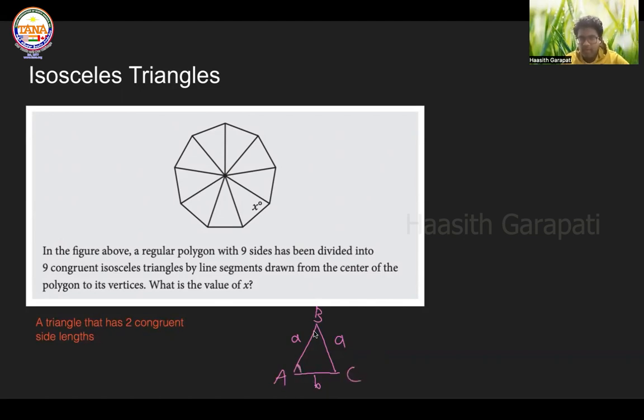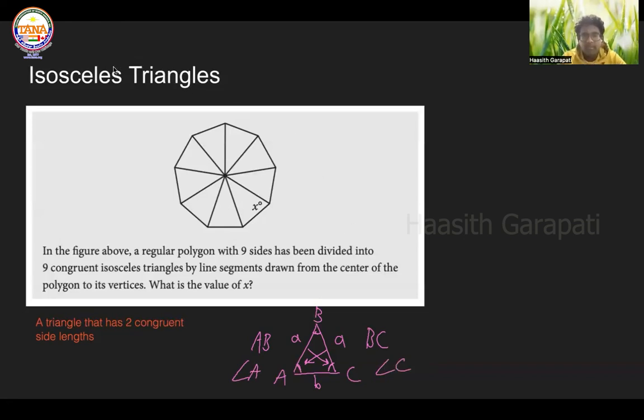This is angle A, that's angle B, this is angle C. I'm saying that this side corresponds to that angle, and then this side corresponds to angle C. Side AB has the same length as BC, that means that their corresponding angles also have the same angle sizes. So if AB is equal to BC, then angle A is equal to angle C.